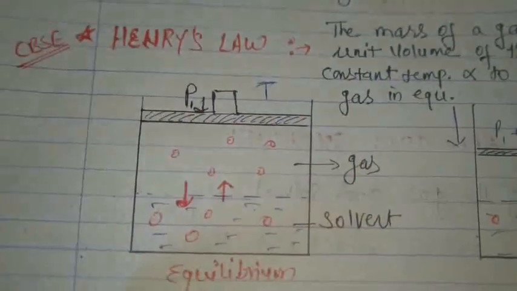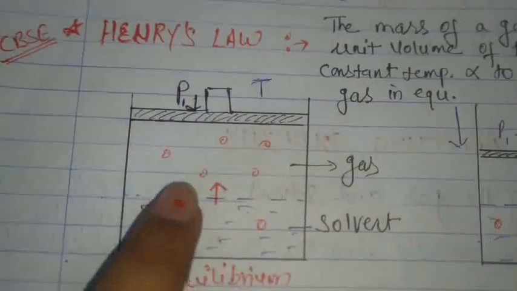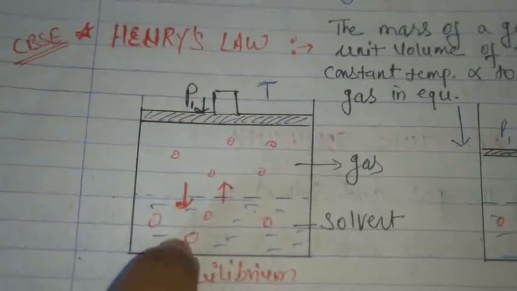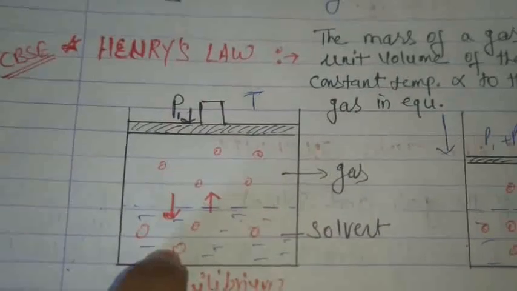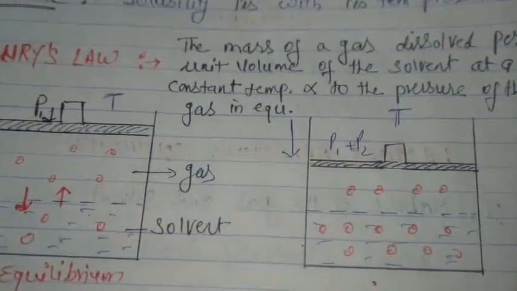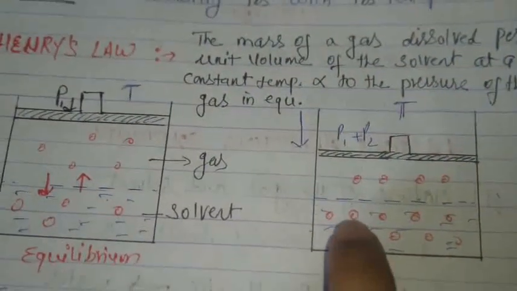It is in equilibrium. Equilibrium means if one molecule of the gas enters the solution, at the same time one molecule leaves the solution. Clear? If we increase the pressure, here we have P1 plus P2, meaning we increase the pressure.